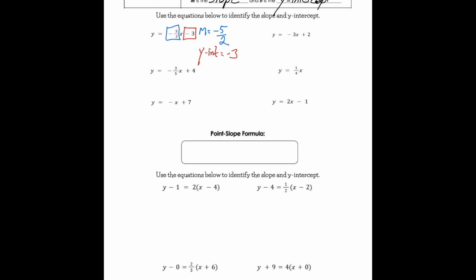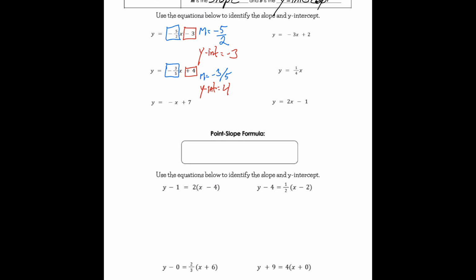We'll go through kind of quick, and then we'll talk about point slope formula after this. So for our second example here, our slope is in front of the x. So m equals -3/5. Our y-intercept is at the end, and so that equals 4.